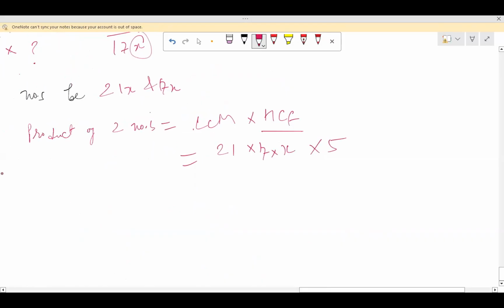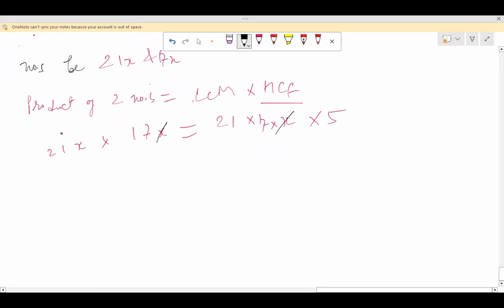Now what are the two numbers? 21x into 17x. x will get cancelled, 21 will also get cancelled, 17 will also get cancelled.